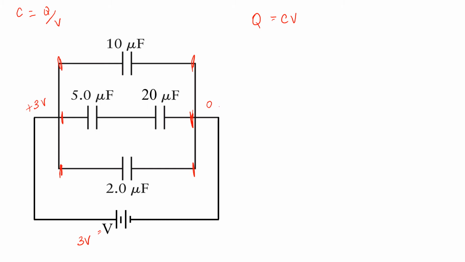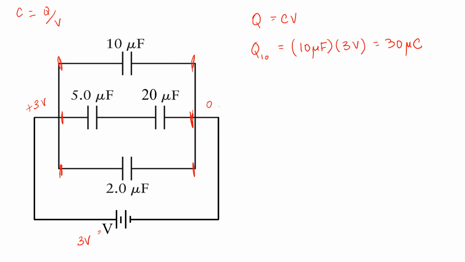So for the 10 microfarad capacitor, it has a capacitance of 10 microfarads. There's a potential difference across it of 3 volts. And so that's 30 microcoulombs of charge. Remember, our total is 48, so 30 of it is being stored on the top capacitor plate.